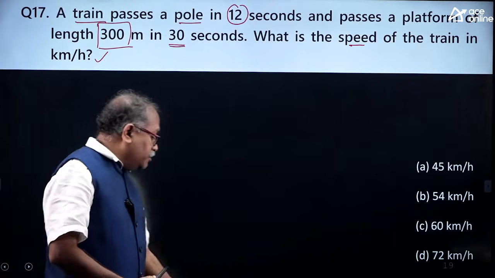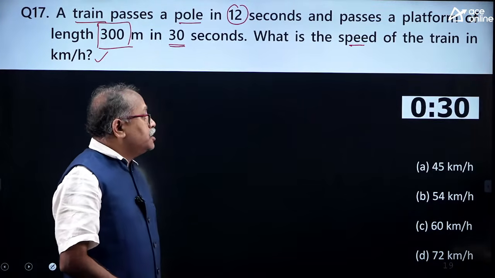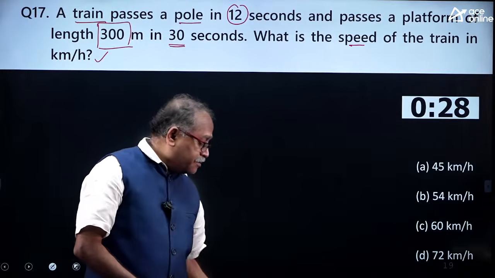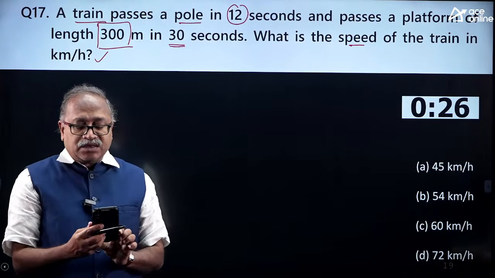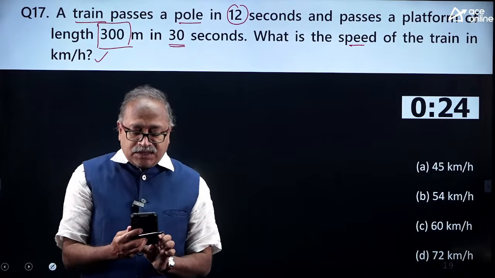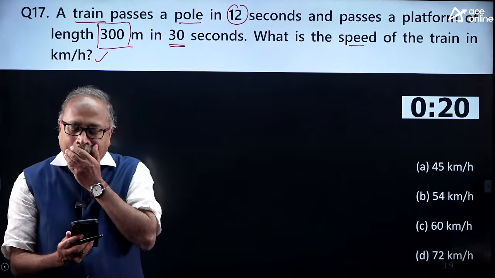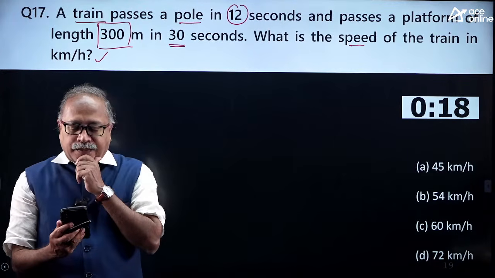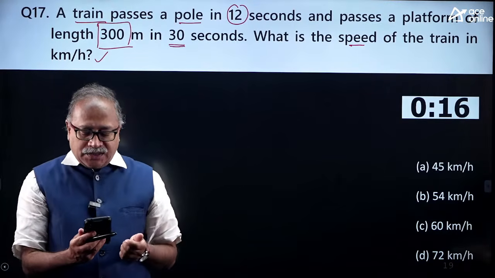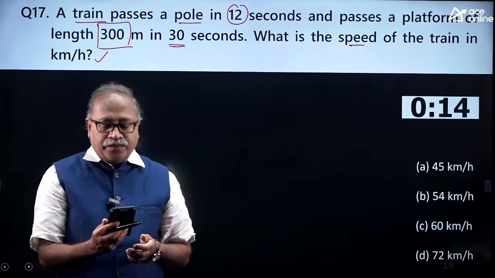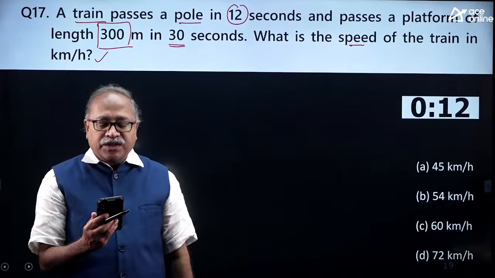A very basic question of a train. Let's take 30 seconds, and I expect some of you will be able to answer this. Yes, Shadow. I will wait for 30 seconds.